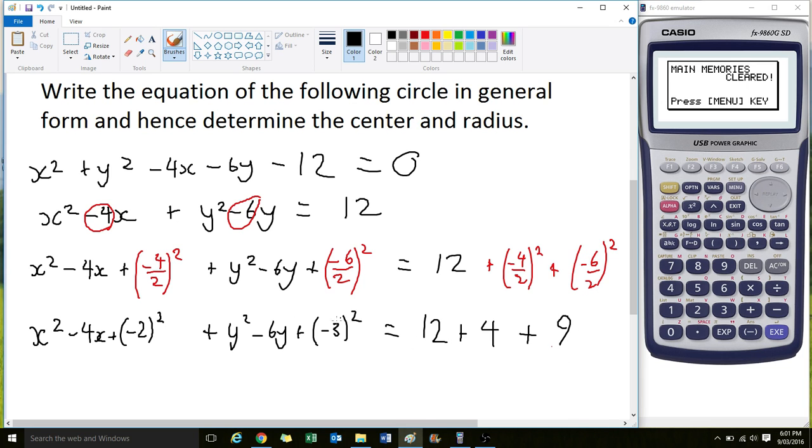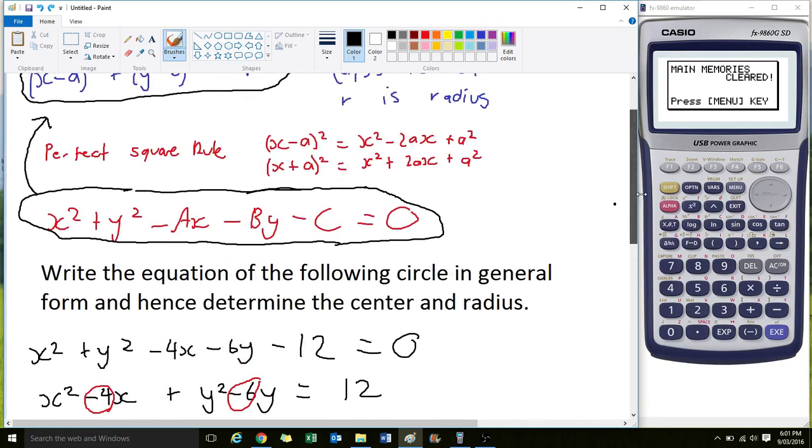Now the reason we didn't calculate that square there is because we're using the perfect square rule. Okay, so if we scroll up here, what we can see is this that I'm circling right now is equal to this. Okay, x take a squared is equal to x squared take 2ax plus a squared.